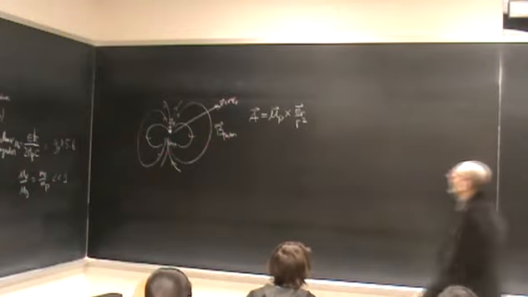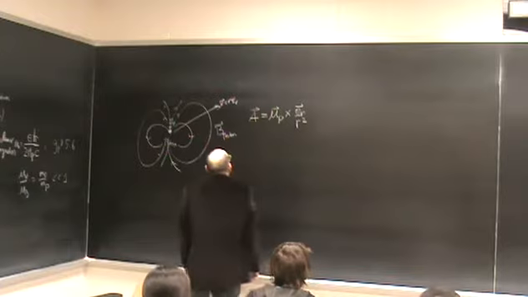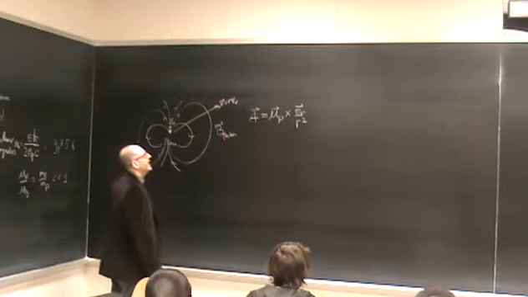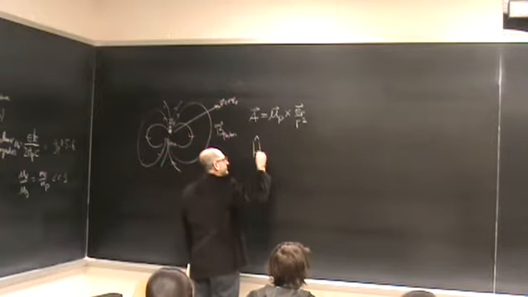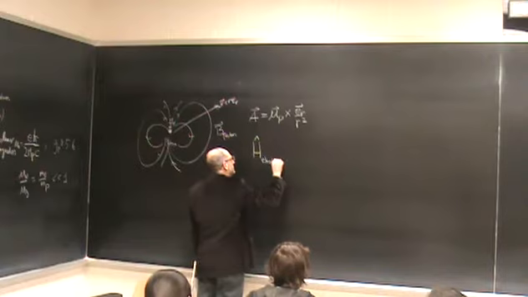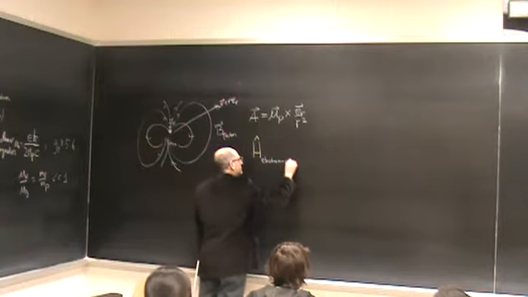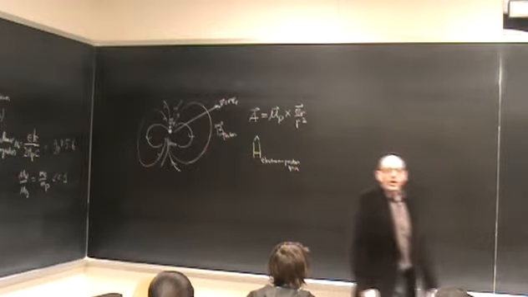Okay? And now, what is the interaction Hamiltonian with the electron due to the spin of the proton?